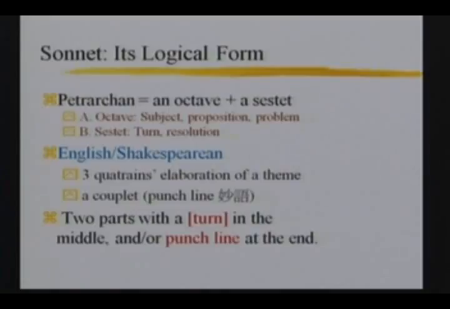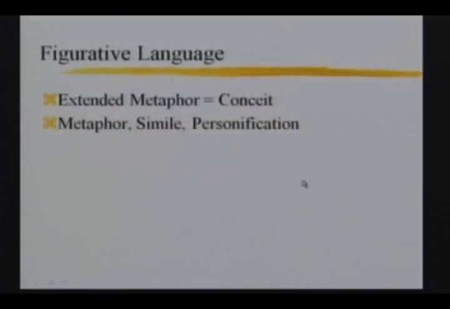And that's where the sonneteers can be really witty. The sonneteers can spend a lot of time elaborating on the ideas, and then towards the end, it overthrows everything said before. Okay, and leaves you with a lot of doubts about what really is true. Okay, so these are the elements to look for.